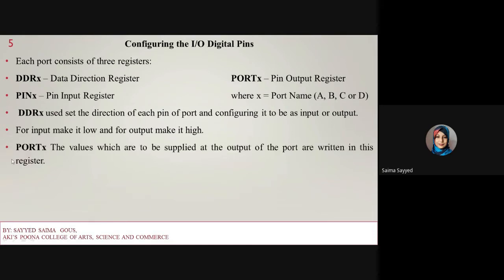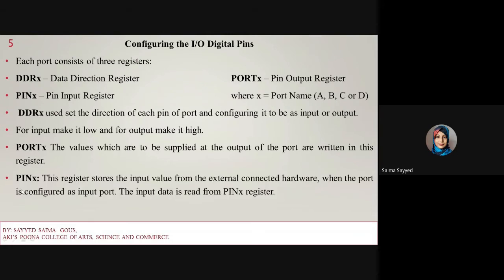Next is PORT: the value which is to be supplied at the output of the port is written in this register. Then PIN: whenever the port is used as an input port, this register stores the input value from the externally connected hardware.